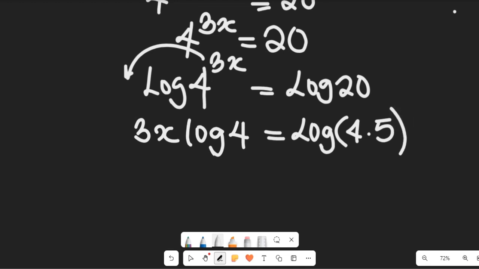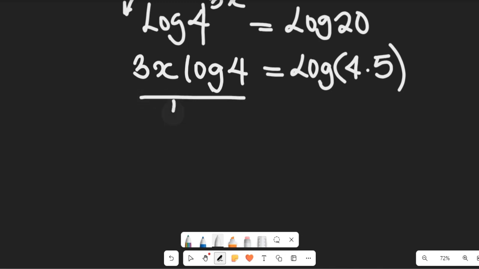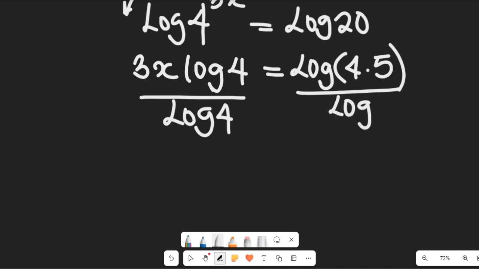Great. Now, looking at that expression, we can simply find the value of 3x because we can divide by the log of 4. If we divide both sides by the log of 4, you simply see that the log of 4 will cancel out the log of 4, and then we'll be left with 3x, right?